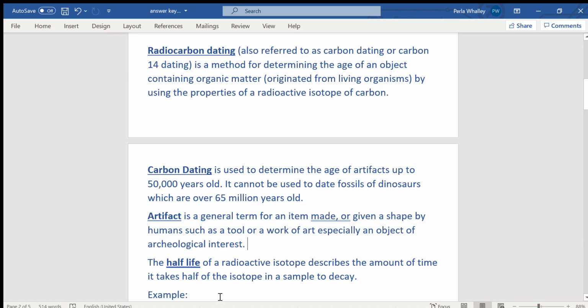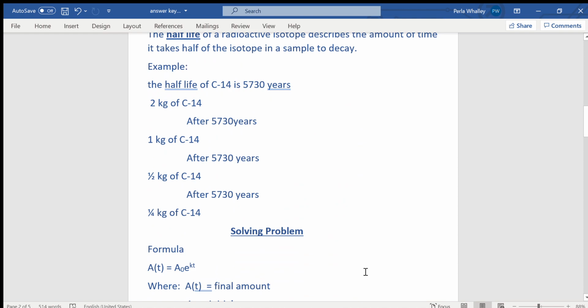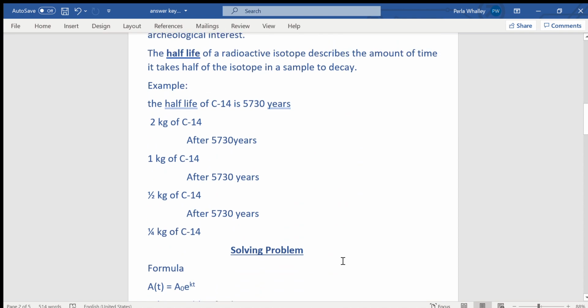The half-life of a radioactive isotope describes the amount of time it takes half of the isotope in a sample to decay. So we will have an example of half-life. For example, the half-life of carbon-14 is 5,730 years.